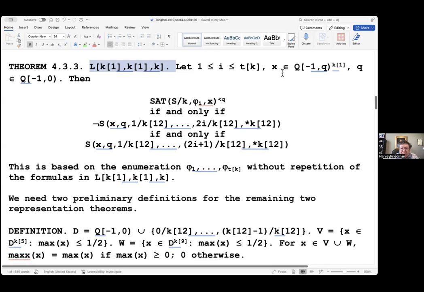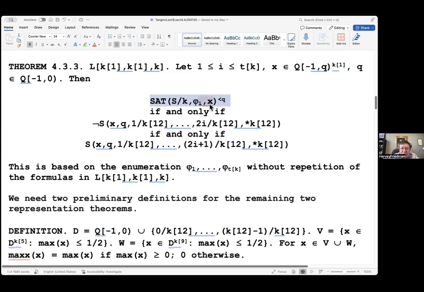If I have a formula in this language and I have k1 parameters below q, where q is negative, then you have an atomic or negated atomic representation for satisfiability.